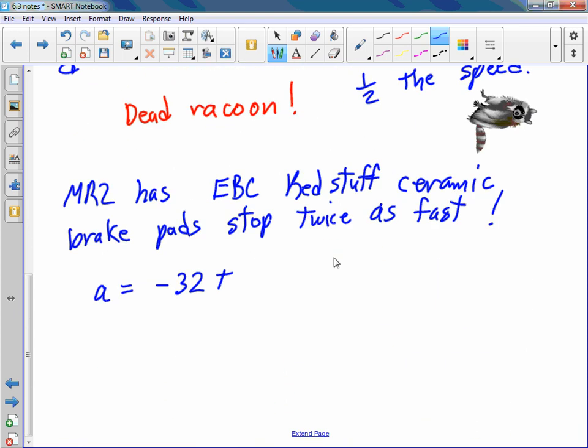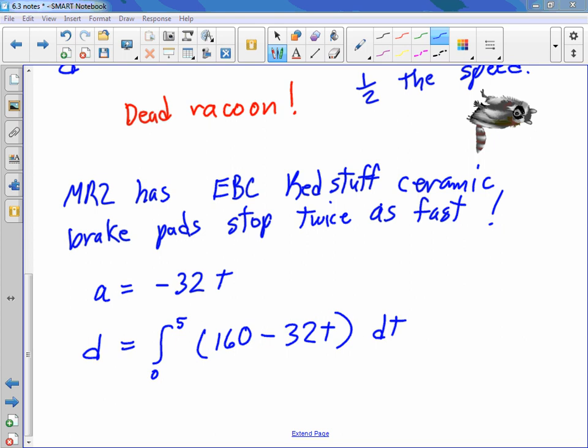Okay? So it'll be distance. Oh, phone's ringing. Now I got to stop. I'll be back. Okay, so now we are at distance equals the integral over the interval from 0 to 5 of 160, which represents the MR2's velocity, minus 32t, which represents the negative acceleration, dt.